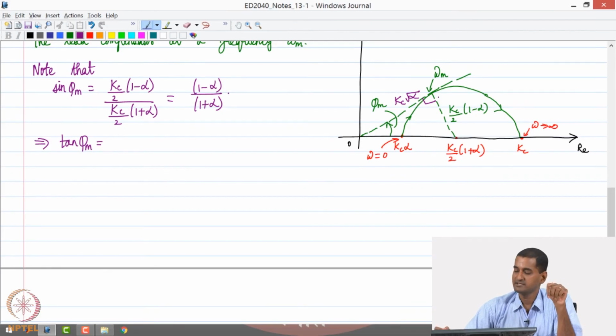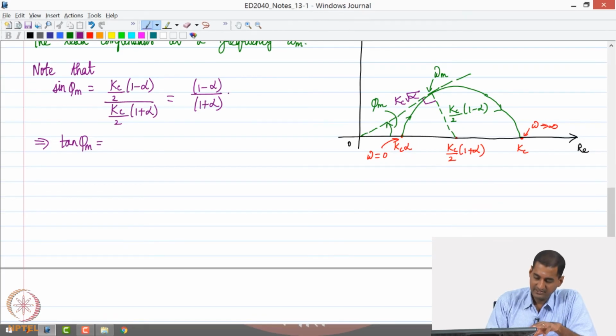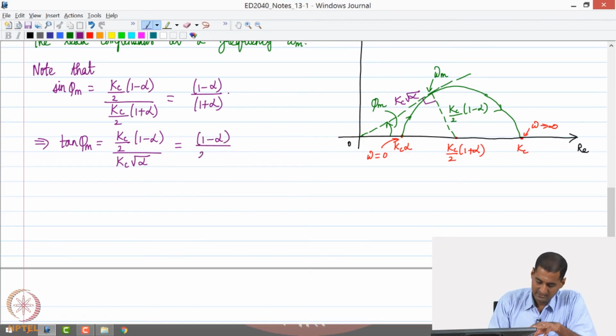That is going to be kc times square root of alpha. So, as a result, tan phi m is going to be equal to kc by 2 times 1 minus alpha divided by kc times square root of alpha. So, this will give us 1 minus alpha divided by 2 times square root of alpha. That is what we will get for tan phi m.